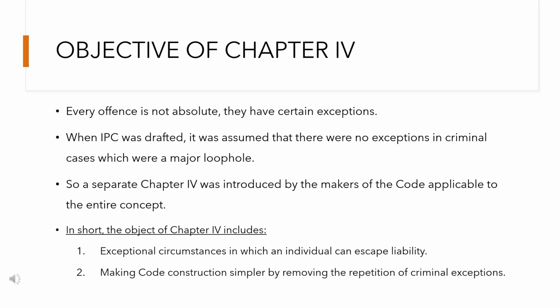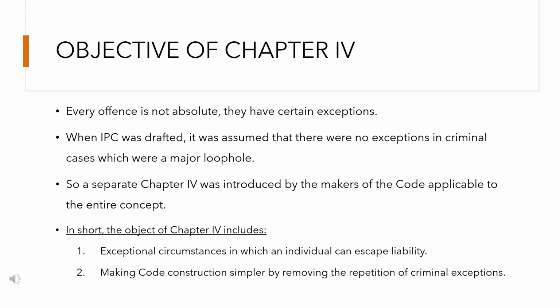Before heading towards the general exceptions, let's see the objectives behind Chapter 4 of the IPC. Every offence is not absolute, they have certain exceptions. When the IPC was drafted, it was assumed that there were no exceptions in criminal cases, which was a major loophole.